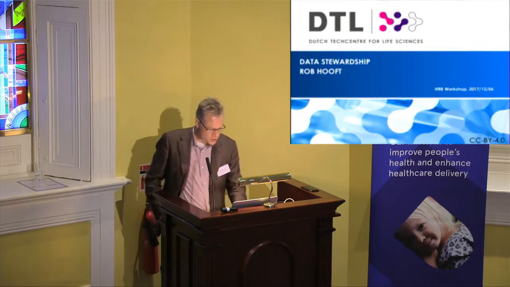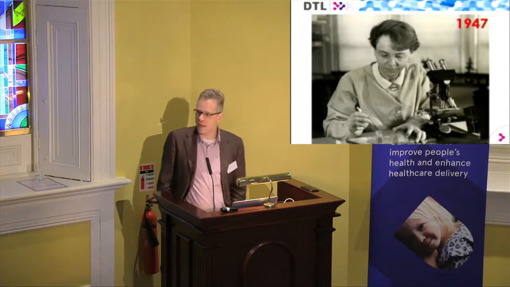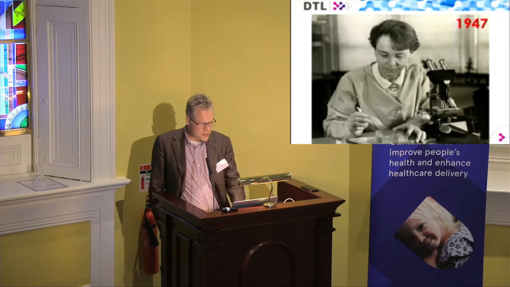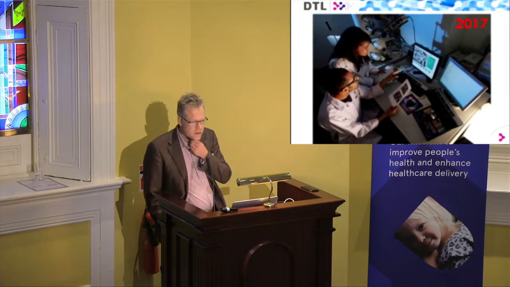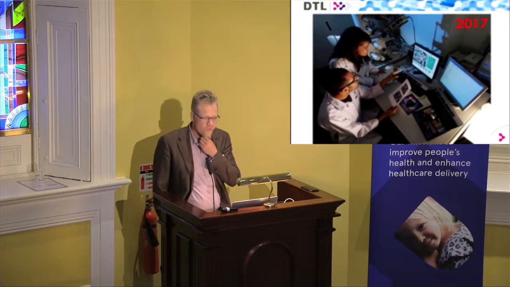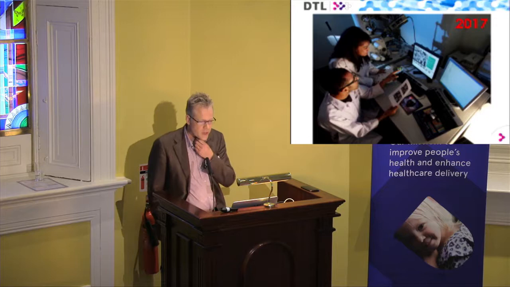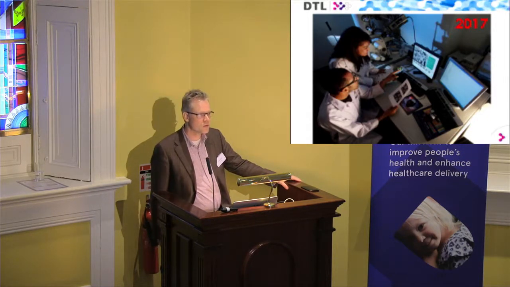So I'll first show you an image of an old lab, a biologist in an old lab. And I'll quickly go to the next slide, which shows you biologists in a new lab. And there's a huge difference. And the huge difference here is that the microscope is similar, but computers and digital data are pervasive. They are how we process all the information now, no longer with pen and paper.